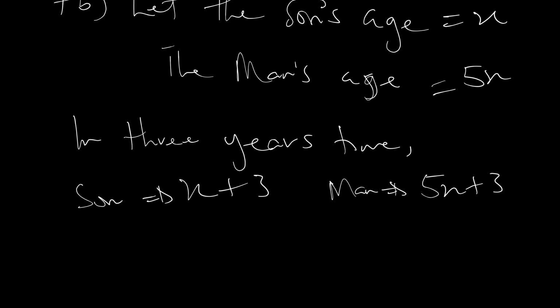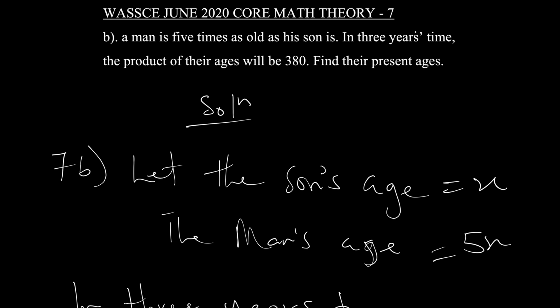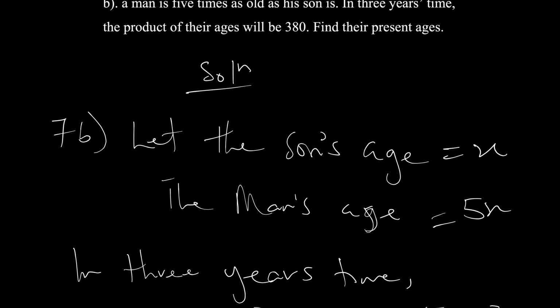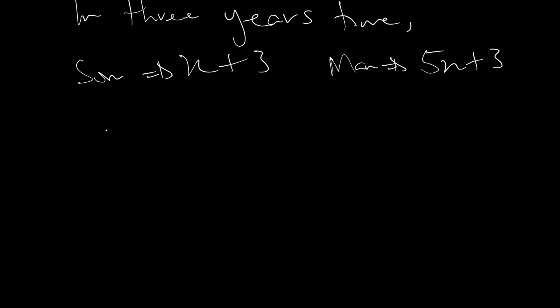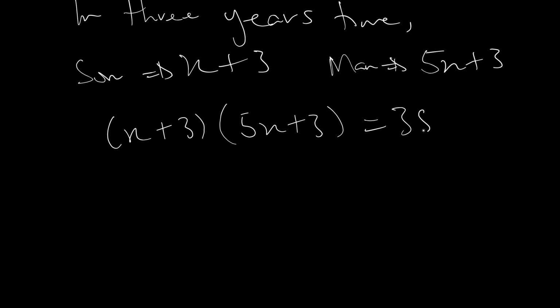And then we are told that in 3 years' time, the product of their ages will be 380. So this means that x plus 3 times 5x plus 3 is equal to 380. So this multiplies this, and at the same time multiplies this.